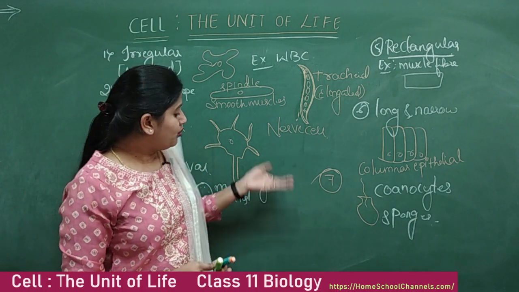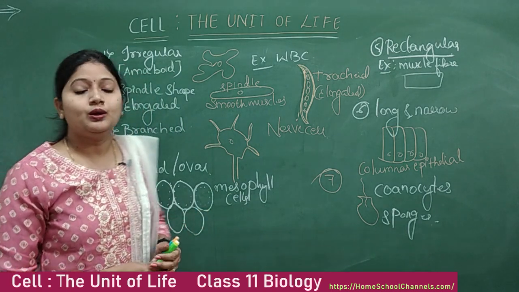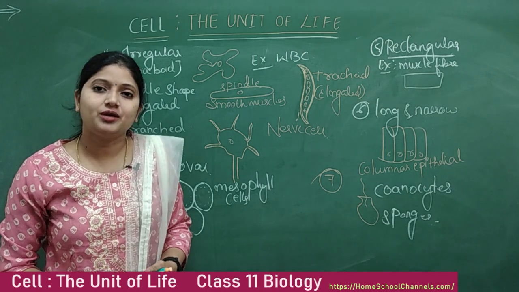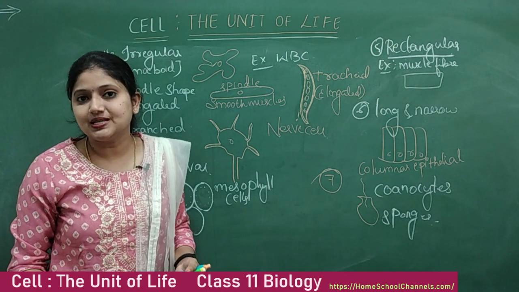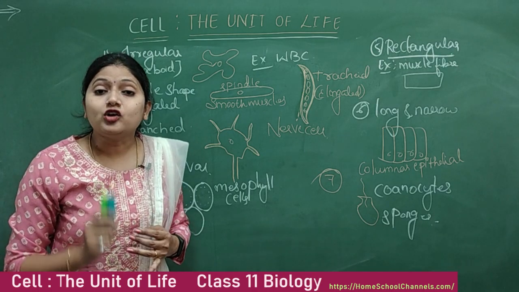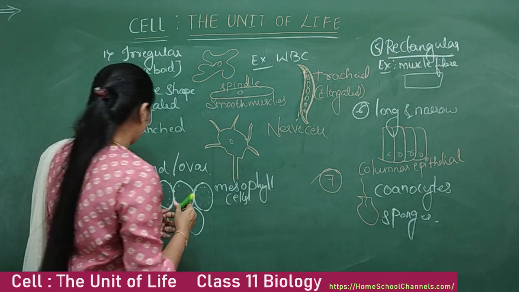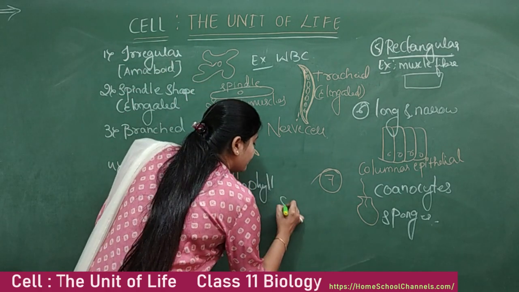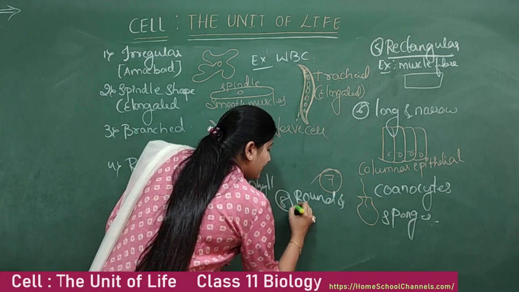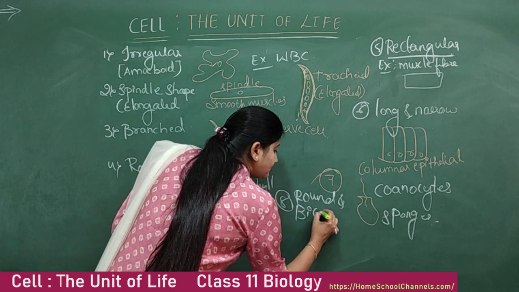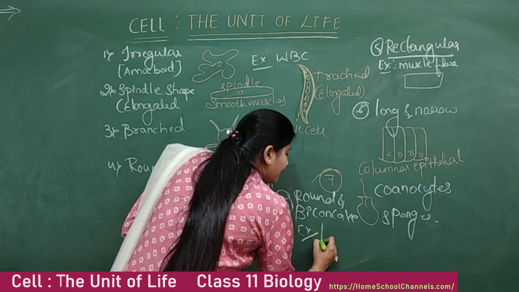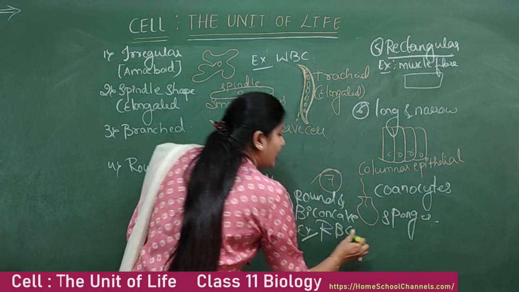Fine. One more you can take is round or biconcave shape. That is a very general shape. Everyone will be knowing. RBC is the answer for that. Okay. So round and biconcave. Anyways, I'll write it here somewhere. Round and biconcave. Example is RBC.